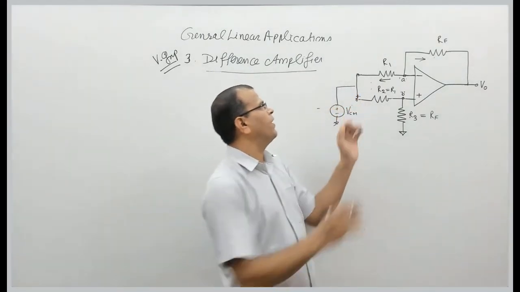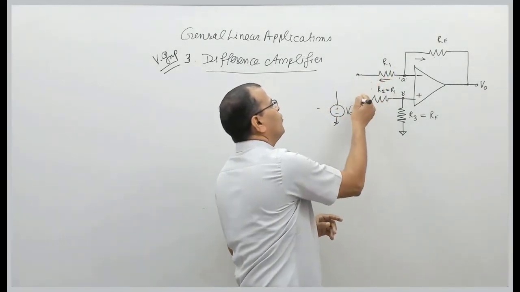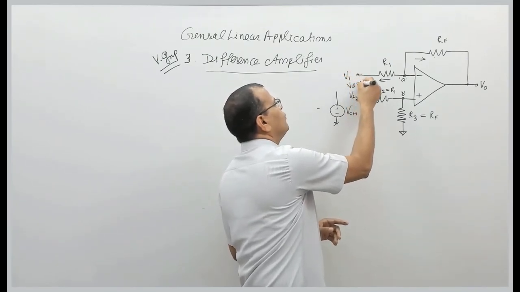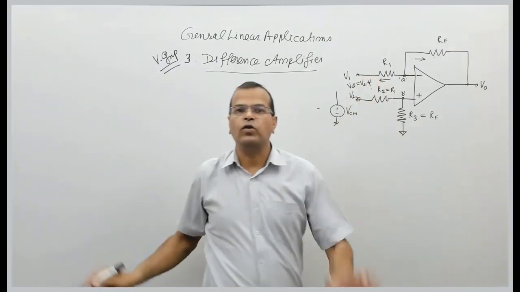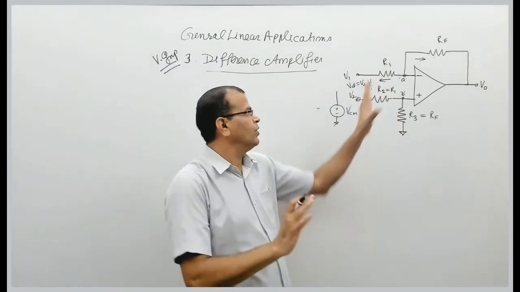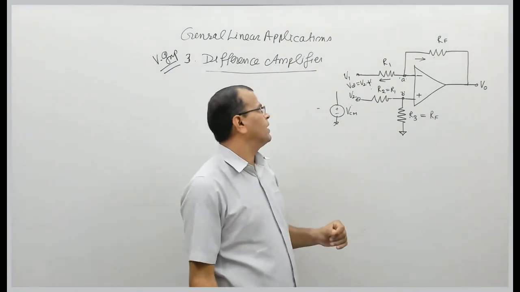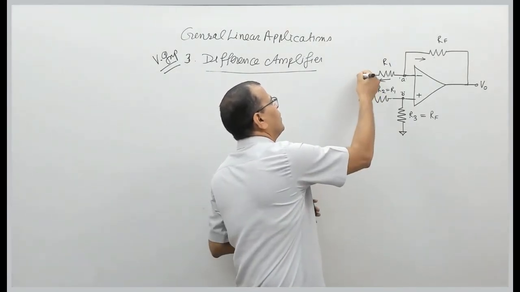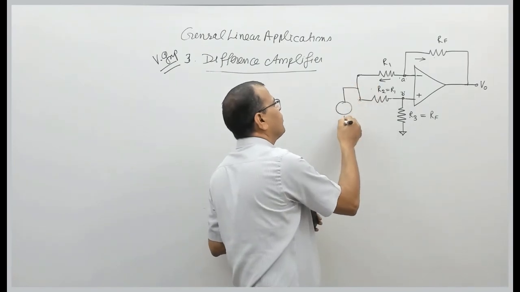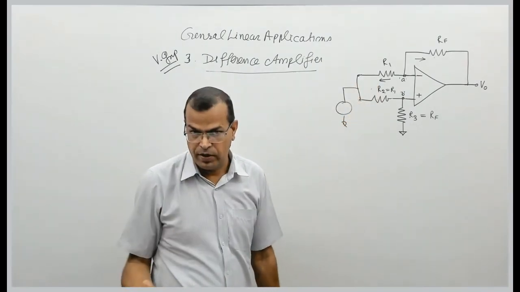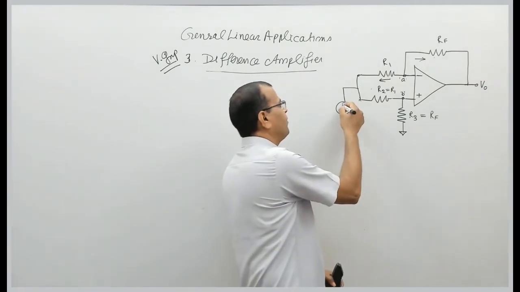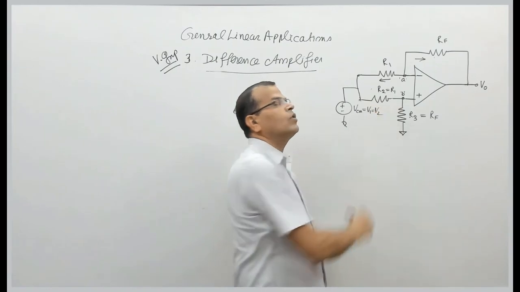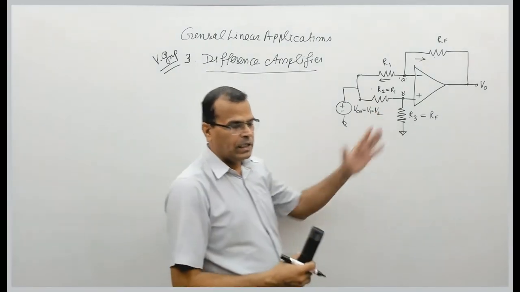First is differential mode, where both voltages are different, so VD was V2 minus V1. That is called differential mode of operation of this circuit. Another possible case is where both input voltages are the same. That is called common mode input, VCM. We can say V1 is equal to V2.